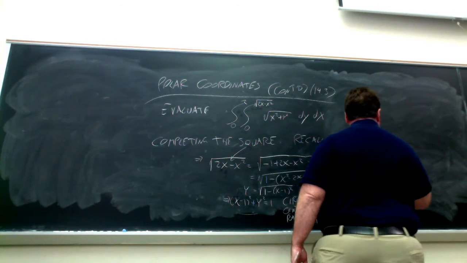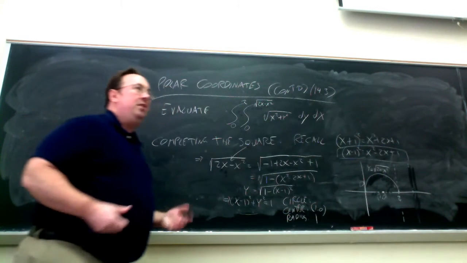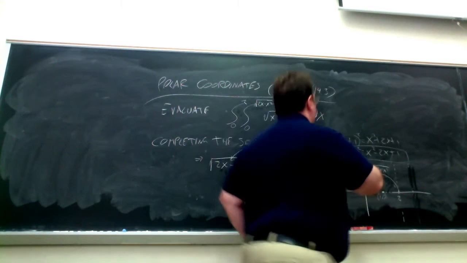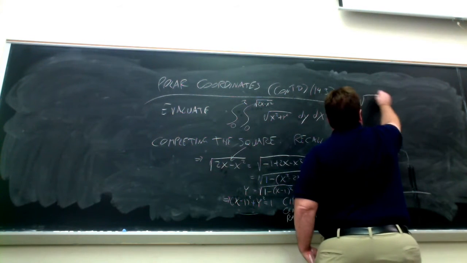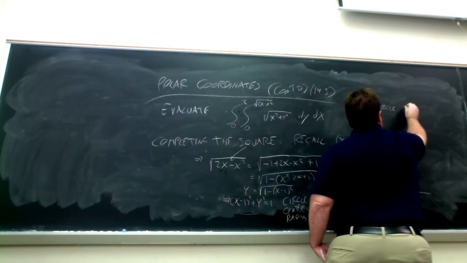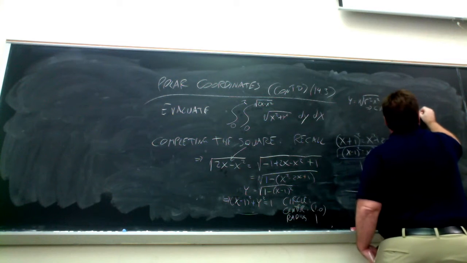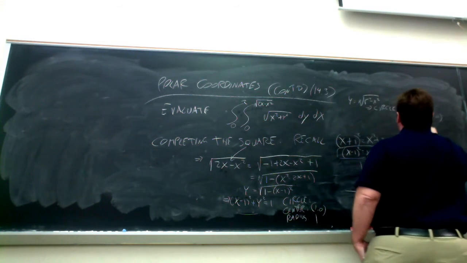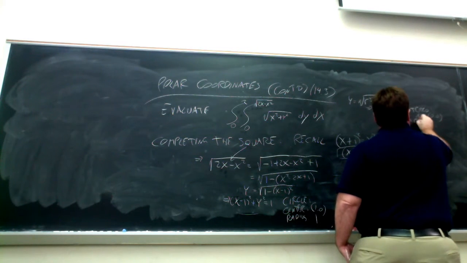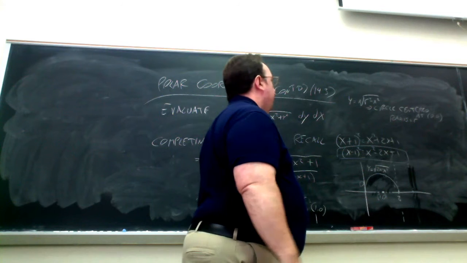So one of the take-home messages, if you will, from this example is when you have something like y is equal to square root of r squared minus x squared, that is dealing with a circle centered at 0, 0, and the radius is equal to r.